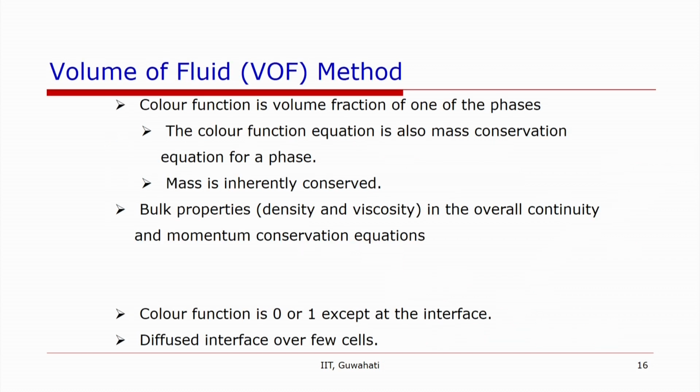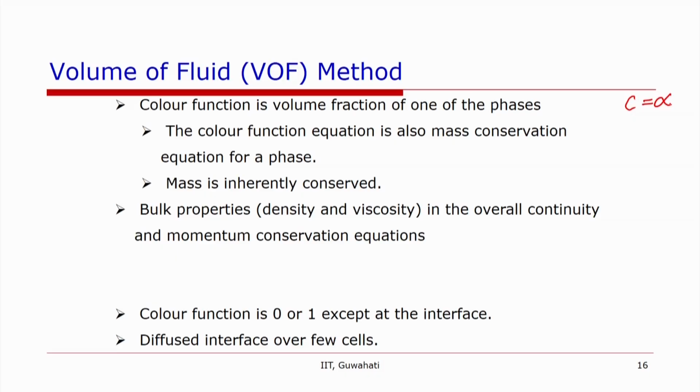Okay. So, what we have described is the general structure of any single fluid formalism or single fluid approach to model two-phase flow. In the volume of fluid method, this color function C is equal to alpha, where alpha is the volume fraction of one of the phases.